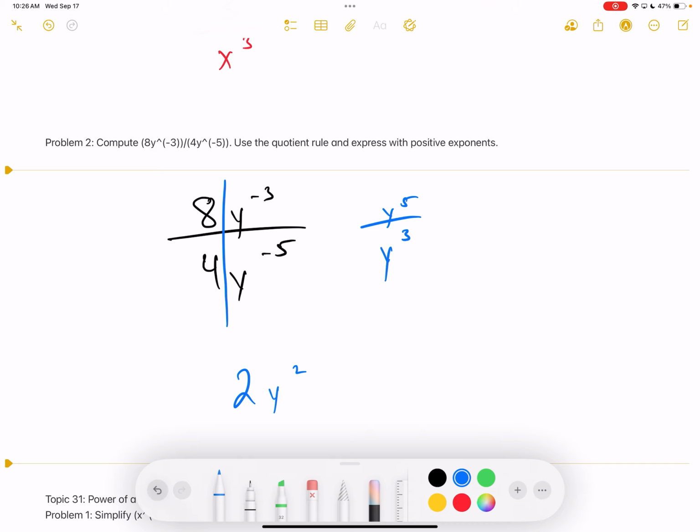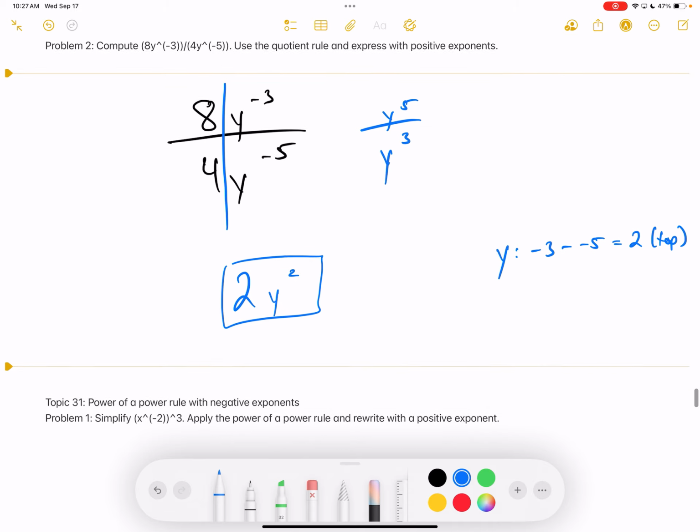So I end up with 2 extra on top. This one does not have a fraction anymore. If you were to subtract these, it'd be -3 minus a -5, which would be +2. Since that's positive, I know it's going to go on top. Either way you want to think about those: turn them positive and then work it out, or subtract them and then work it out.